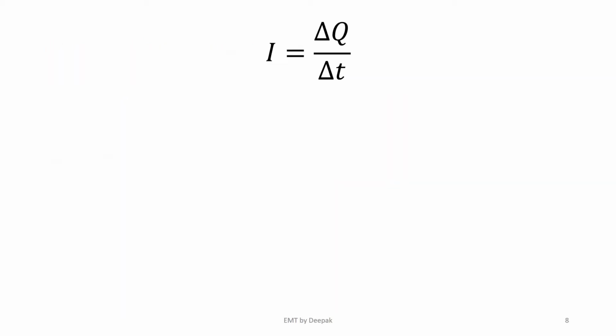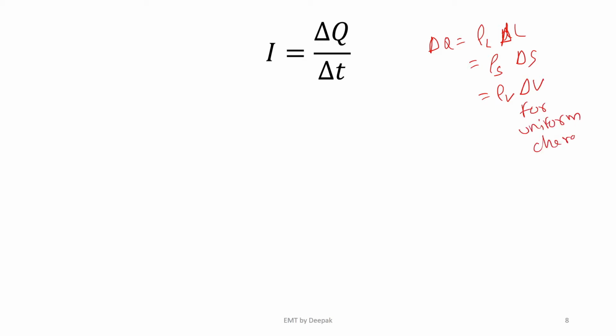Now, I is del Q by del T. I know that del Q can be written as rho L dl, or rho S dS, or rho V del V for uniform charge distribution.